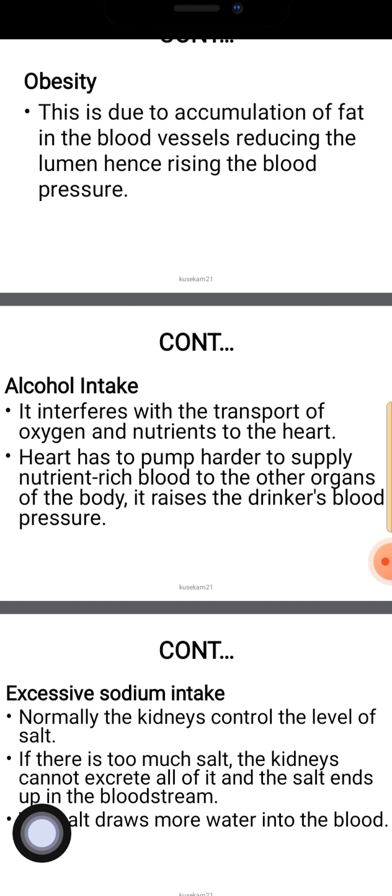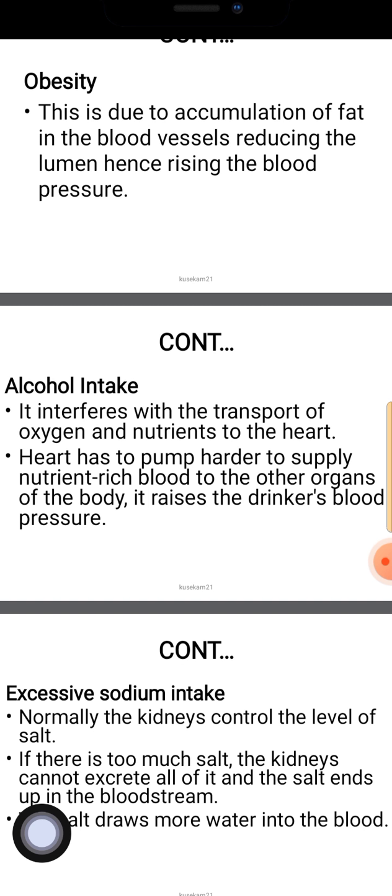What will happen if there is narrowing of the blood vessel? It means there will be high blood pressure. When that high blood pressure is sustained, it will be hypertension, because of this accumulation of fats in the blood vessel. So blood will be moving at high pressure.